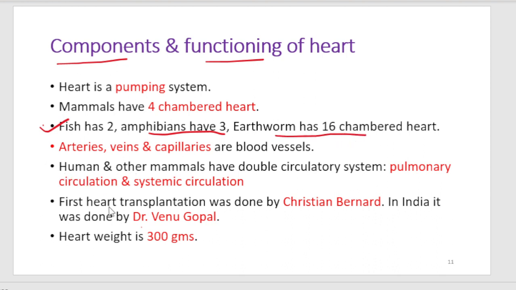There are three basic blood vessels which are useful for the functioning of the heart. What are these? These are arteries, veins, and capillaries.